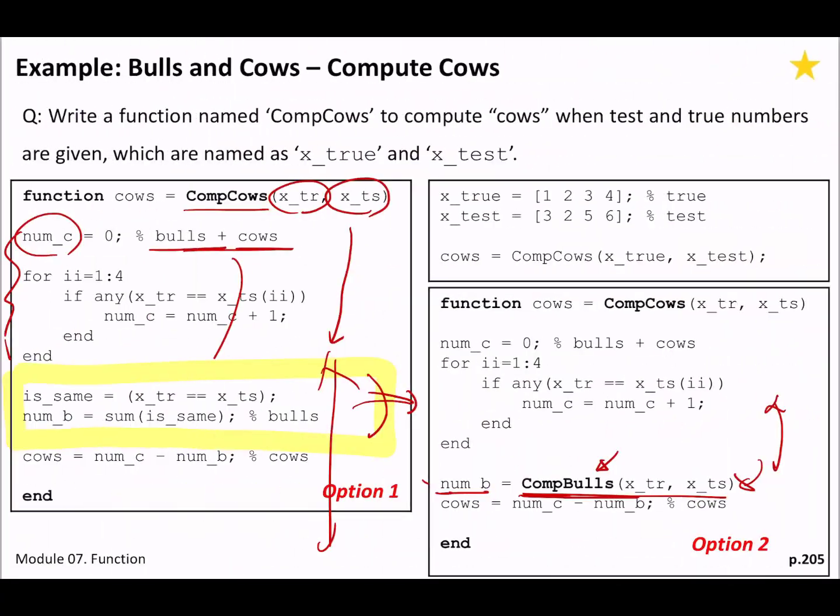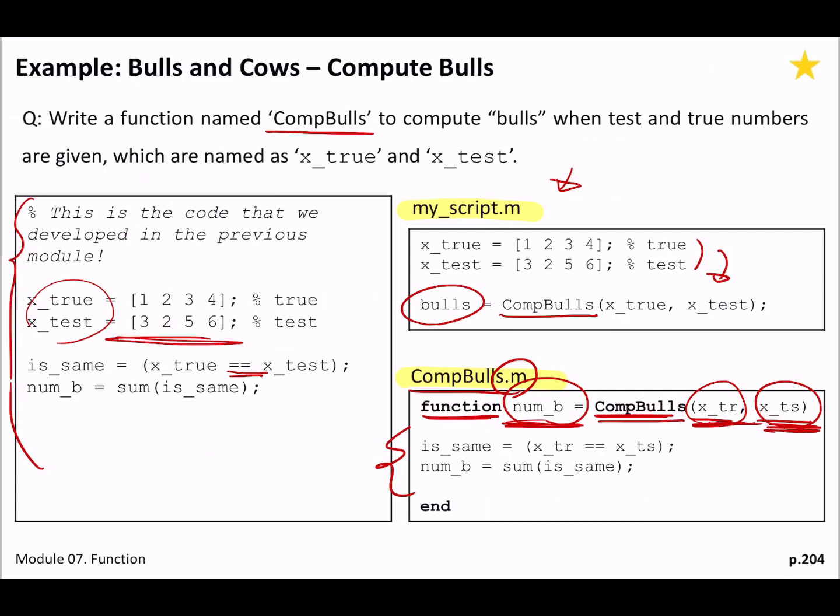This one. Yeah, this one. Okay. So you designed this compute bull. Okay. You want to debug this compute bull. You need this my script. Why? You need to provide an input value, a certain input, to see how your function operates, right?